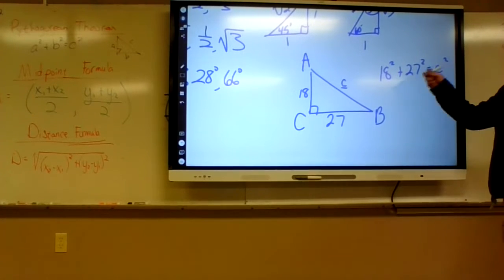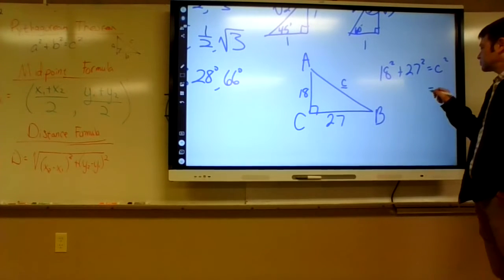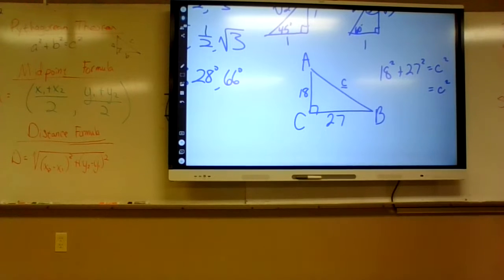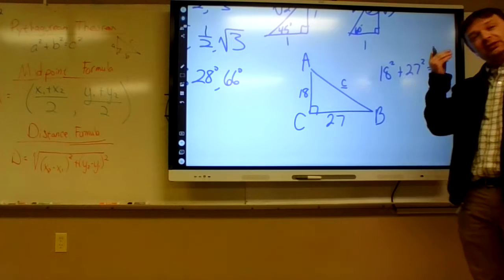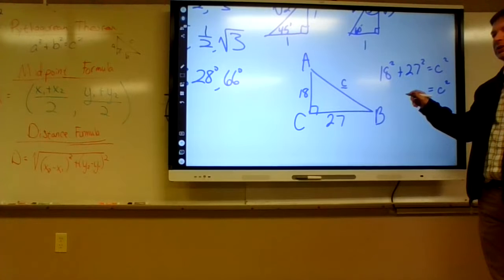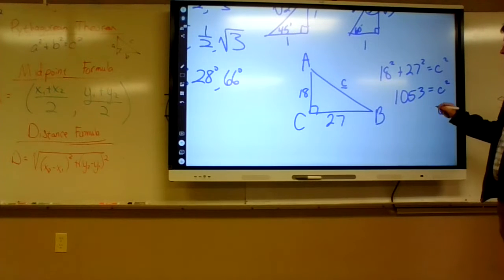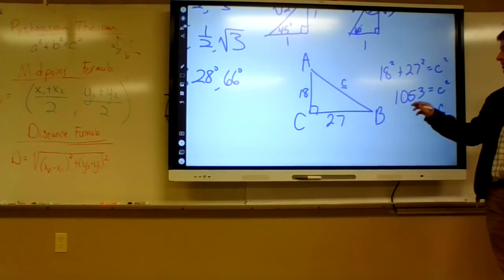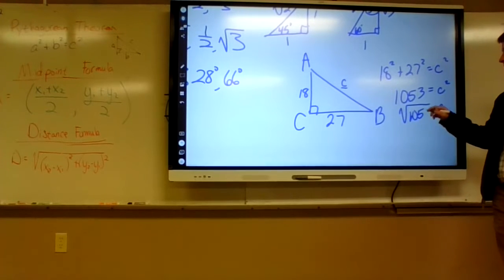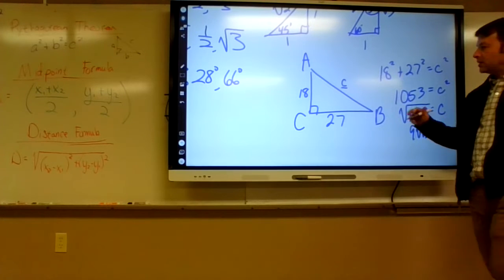Why don't you plug in 18 squared plus 27 squared? 1,053. And then, yeah, that's what C squared is equal to, so then we need to take the square root of that. Square root of 1,053. Okay.